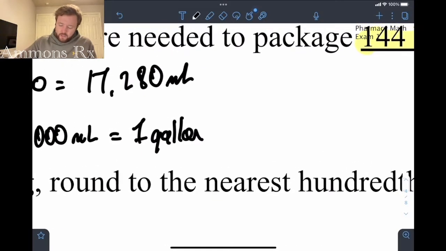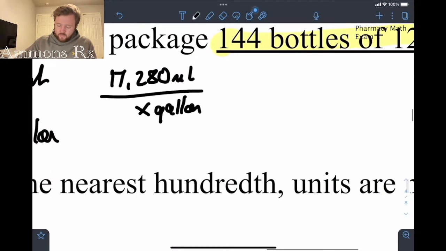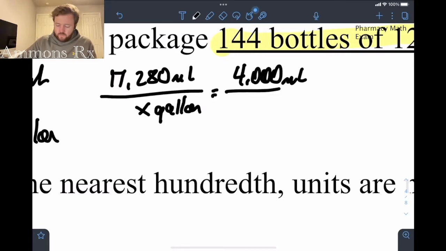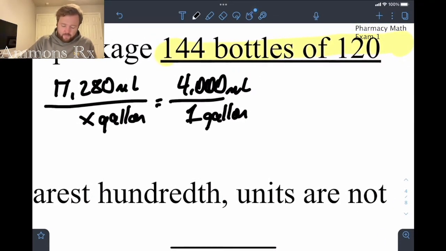And notice that there are 17,280 mils. How many gallons? Over here, I will put my 4,000 mils, 1 gallon. So that'll turn into 17,280 divided by 4,000.